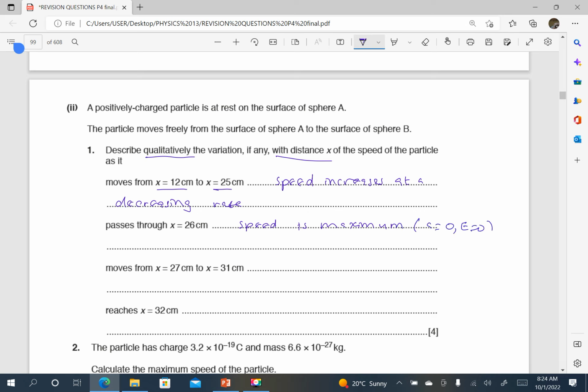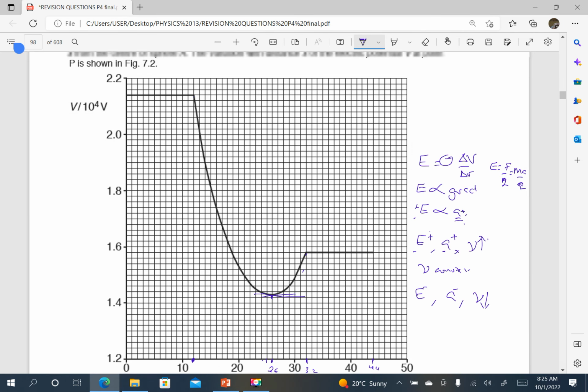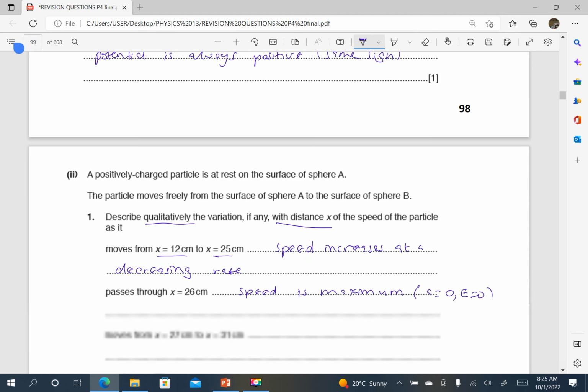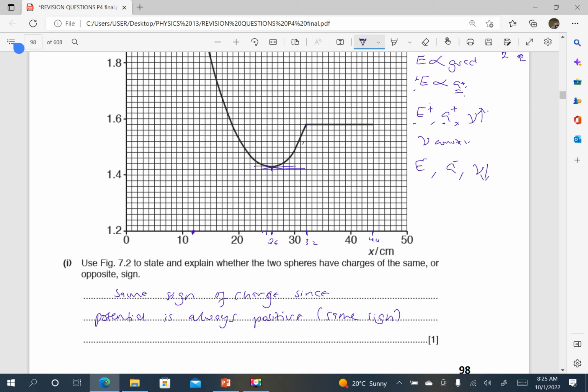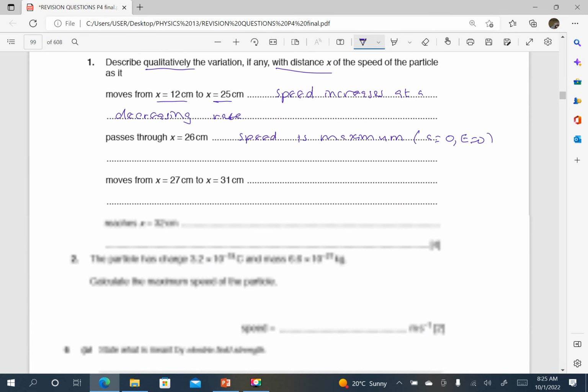The speed is maximum. Then from 27 to 31 centimeters, we have seen the gradient is increasing, but because E is the negative gradient, E is going to be negative, acceleration is negative. But you see that the gradient is increasing at an increasing rate. So since the acceleration is negative, the speed is decreasing, but at an increasing rate because the gradient itself is increasing.